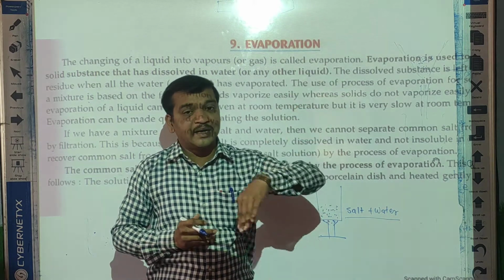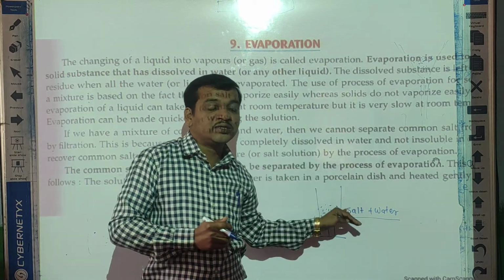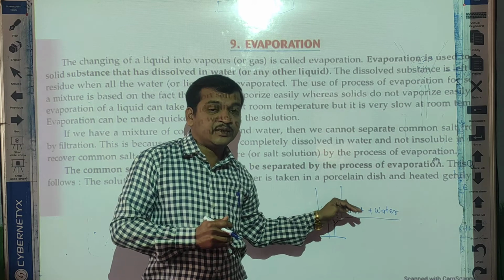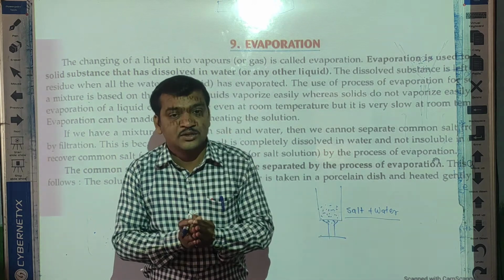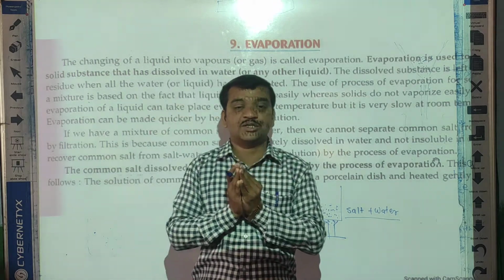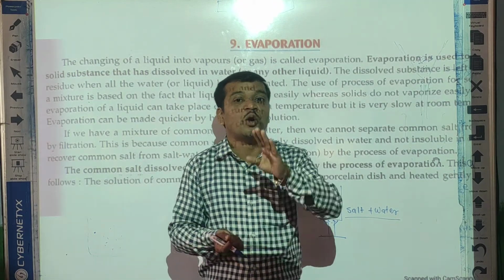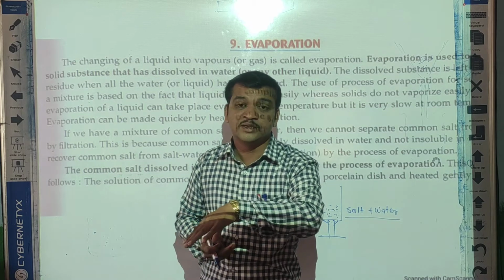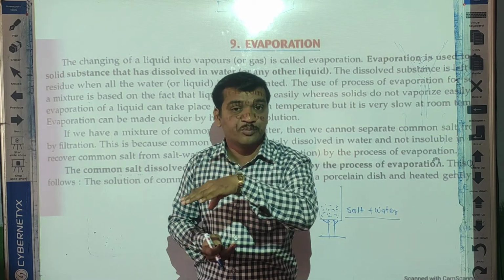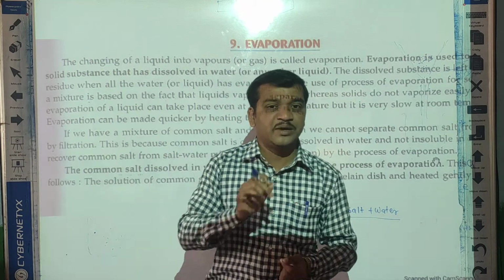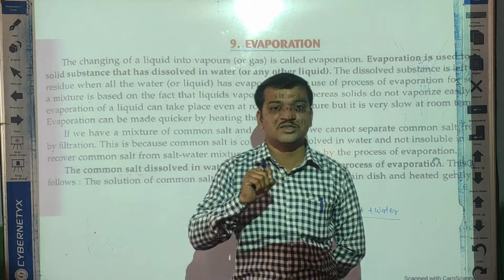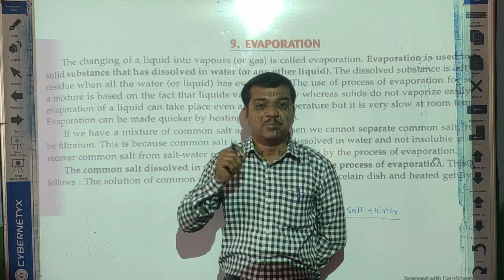When the water completely evaporates, the salt which was present in the liquid remains at the bottom of the flask. So this is one method to remove soluble impurities by evaporation. Evaporation is the process in which water changes into water vapor by heating.